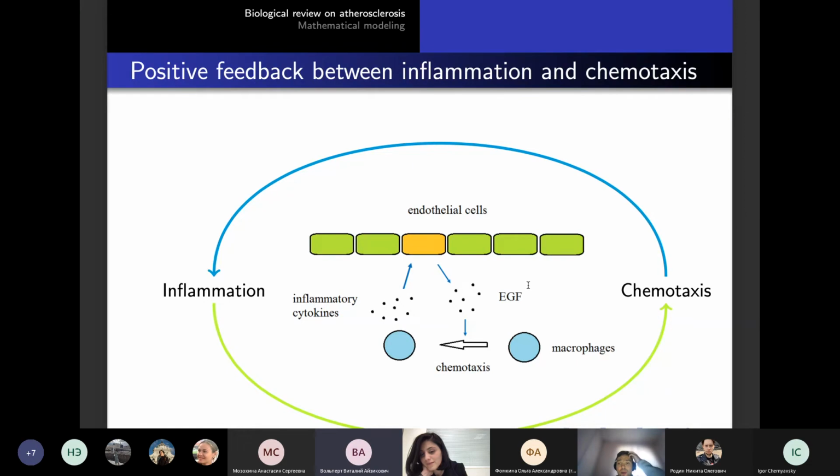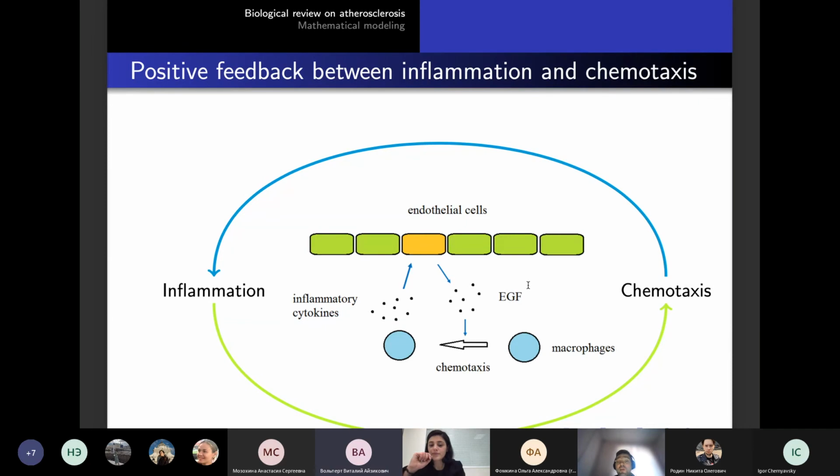So maybe there could be some positive or negative feedback loop. When the plaque starts to grow, then recruitment of macrophages from blood flow can be increased on the leading edge and decreased on the back edge of this plaque.